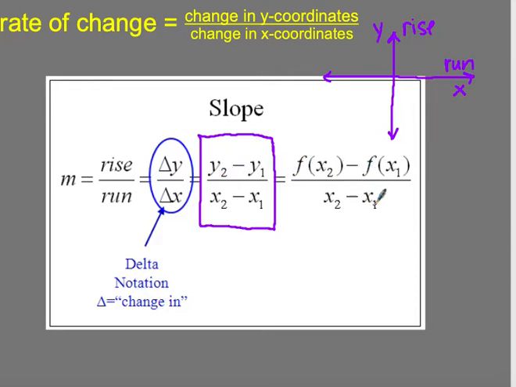So if I have a set of points x sub 1 and x sub 2, then we compare the difference of our y's by f of x sub 2 minus f of x sub 1, which is just the replacement of y sub 2 and y sub 1 with our function notation.